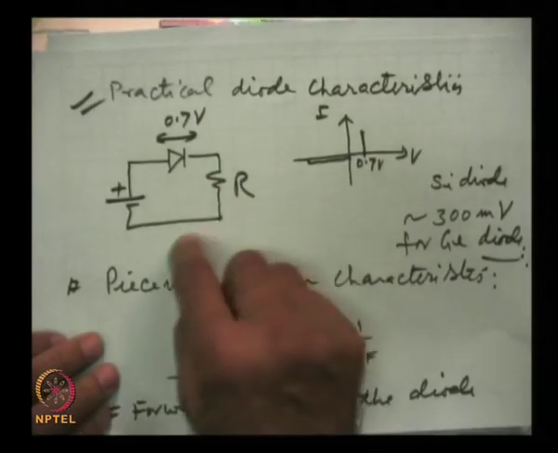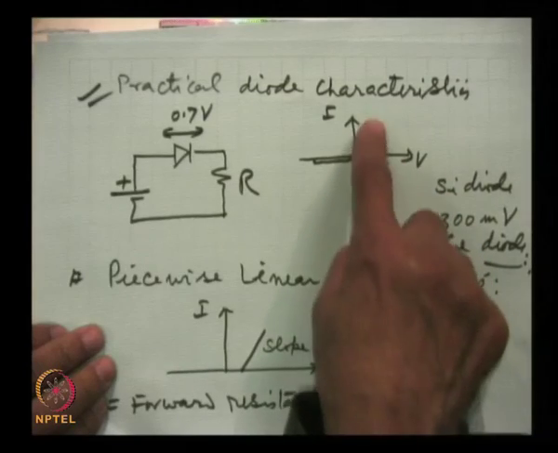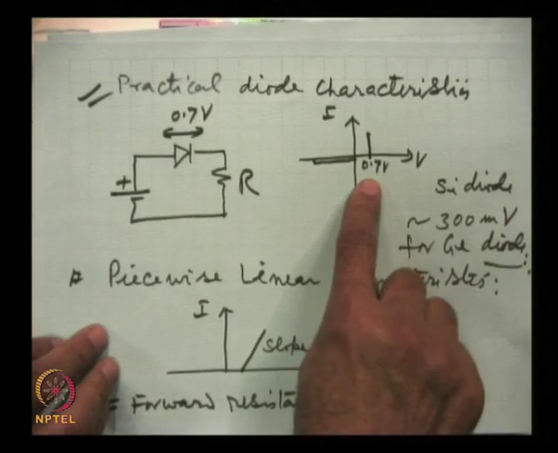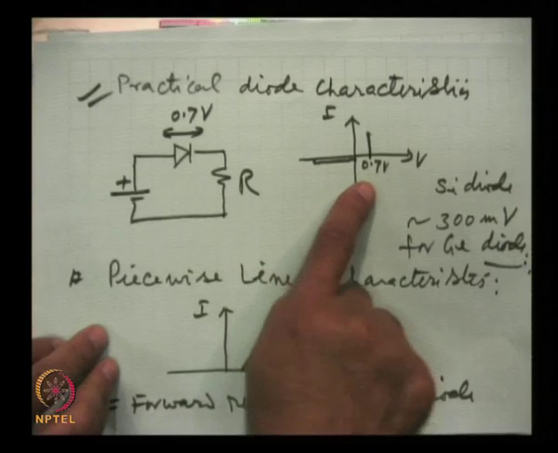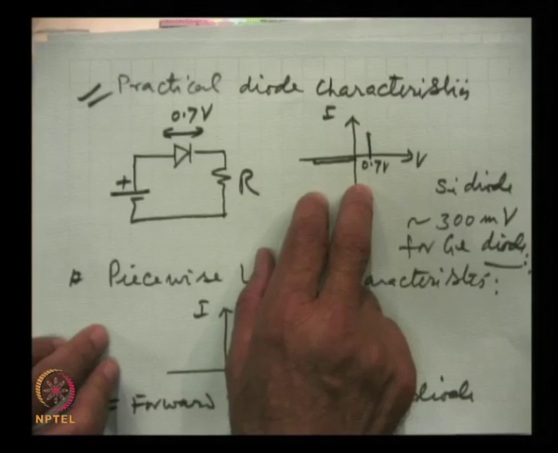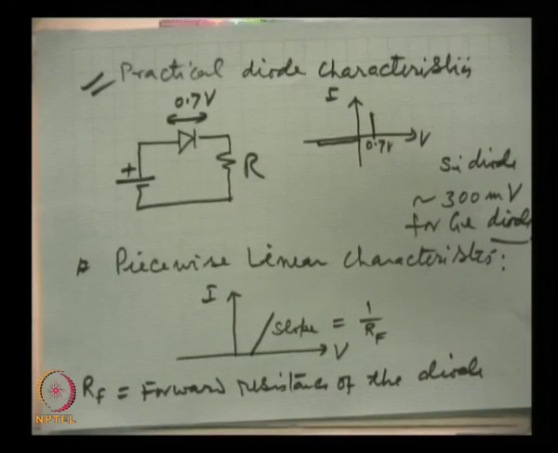And in the practical diode characteristics, in forward bias, we take this exponential rise as a straight line and the voltage drop for silicon diode as 700 millivolts or 0.7 volts, and for germanium around 300 millivolts. There is a third characteristic which is called piecewise linear characteristics.